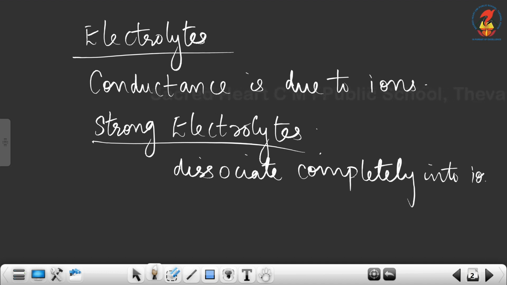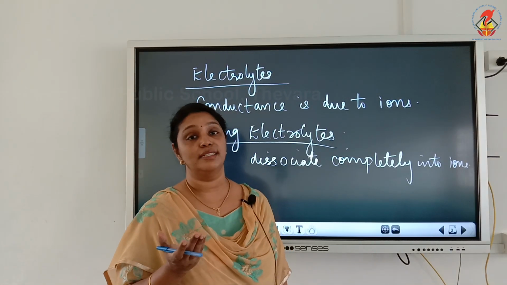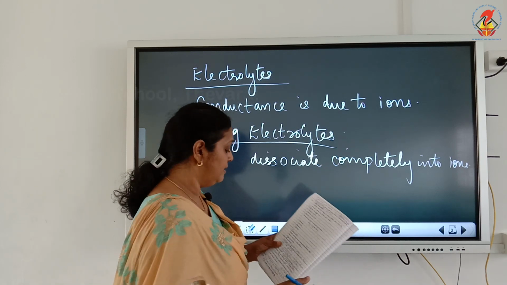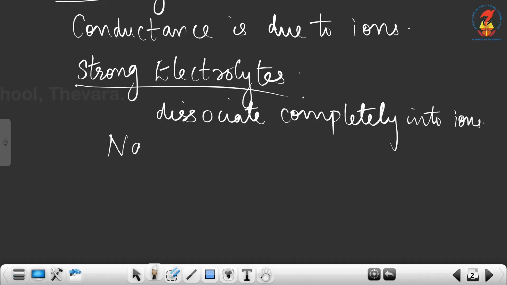Here more ions are produced, so they are very good conductors of electricity. Examples: sodium chloride, potassium chloride, sodium hydroxide are all strong electrolytes.